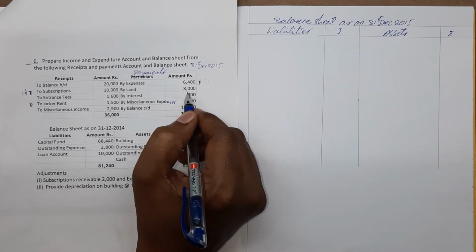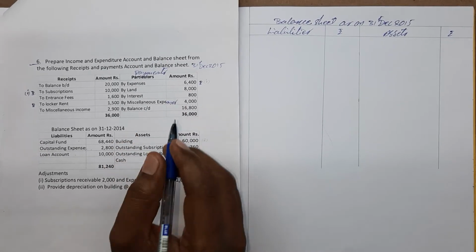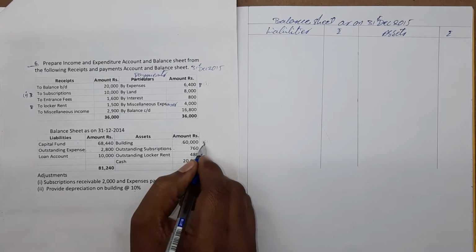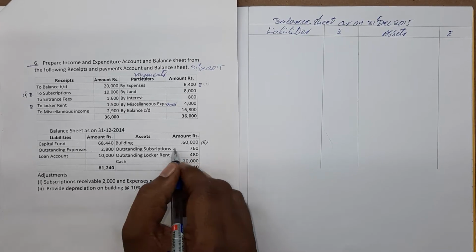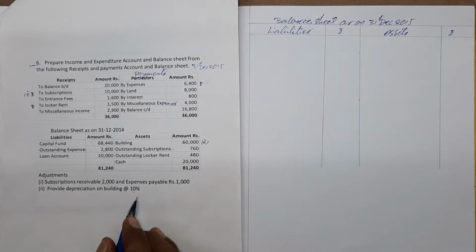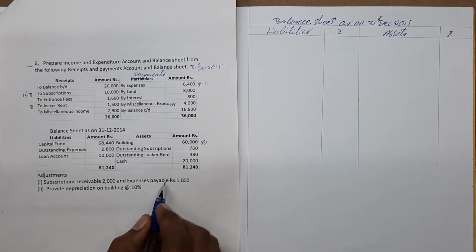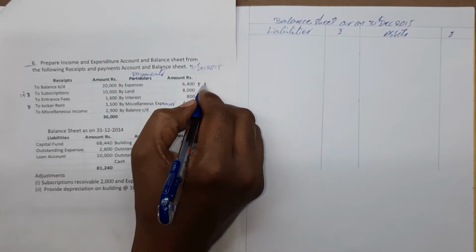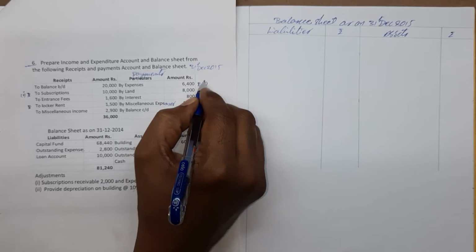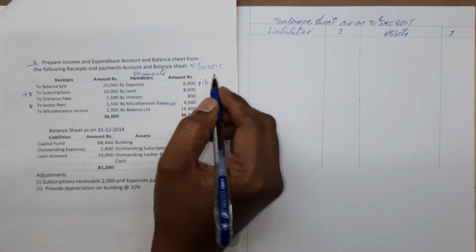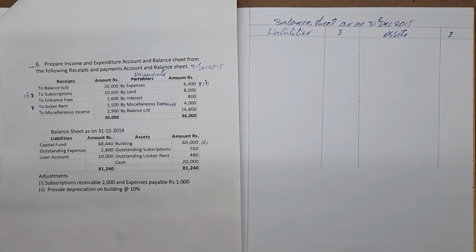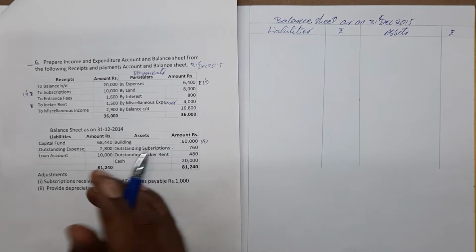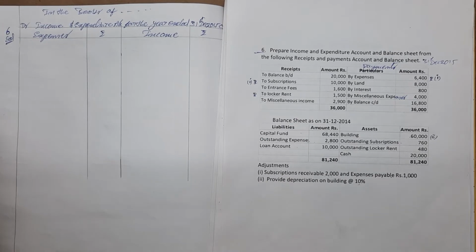So the building is the second adjustment; beside the building amount, you can write the adjustment number. And expenses payable is 1000 rupees, that is outstanding expenses. Give it a number beside expenses. Now you can start the solution.